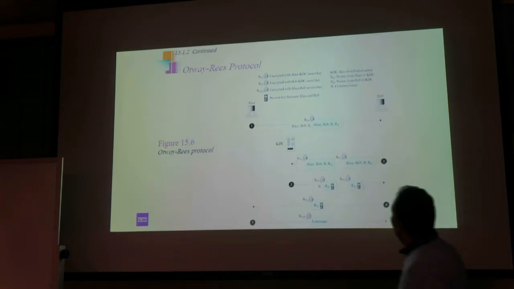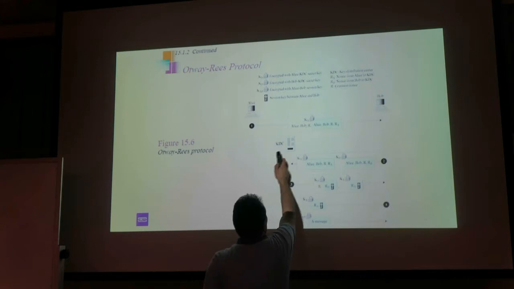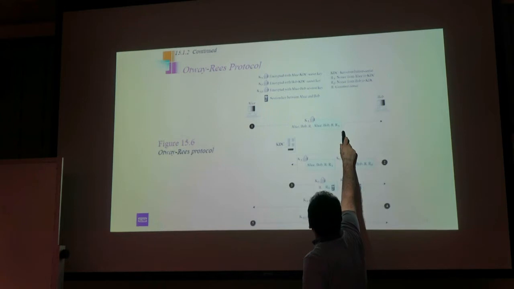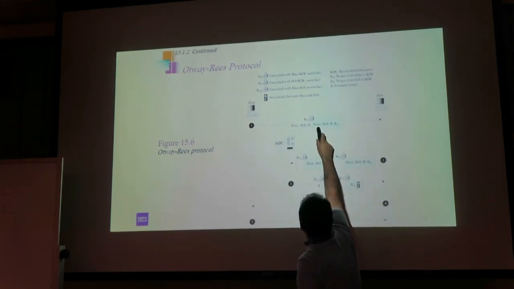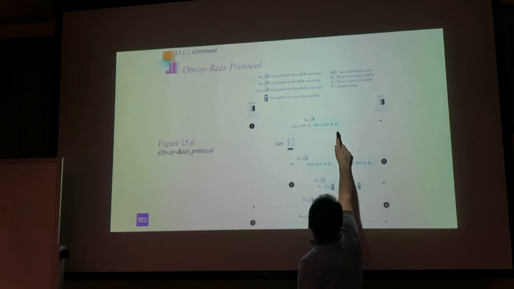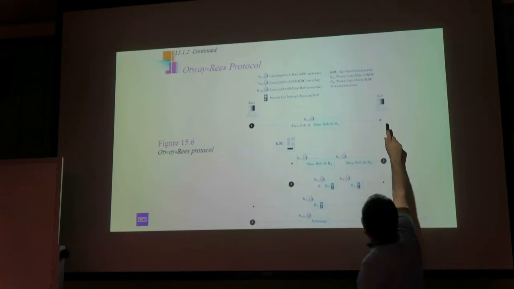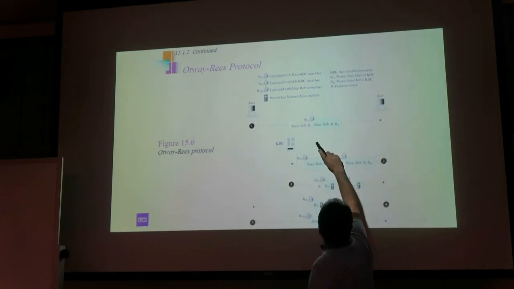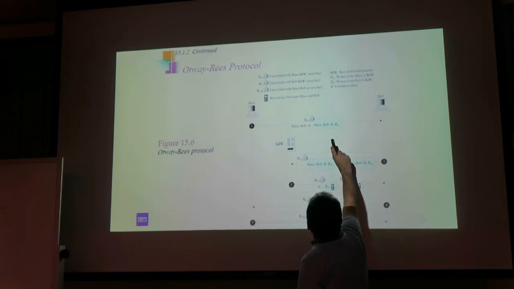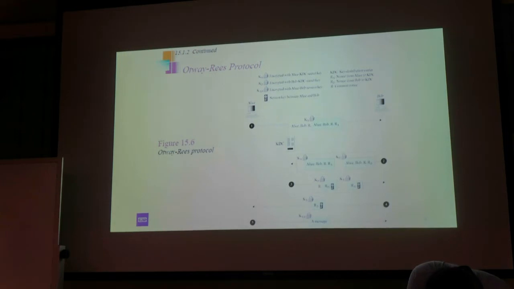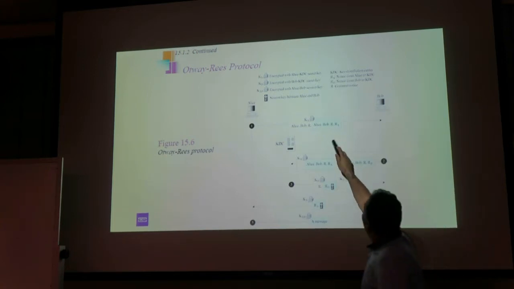So the same thing. In here Alice will send Alice, Bob, the nonce, the random number, and a nonce, and it will be encrypted with the key. With the key, it will be sent first to where? To Bob. It will be sent to Bob. All right. So it will be sent with Alice's public key.